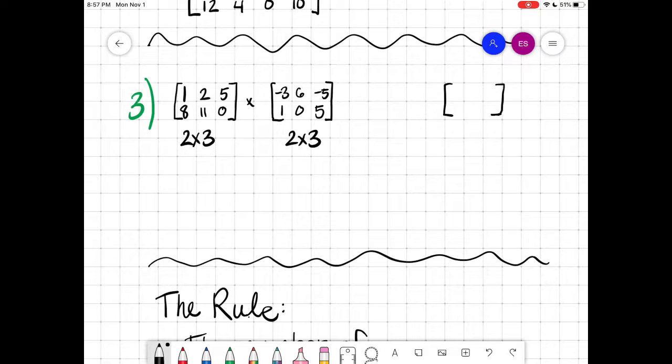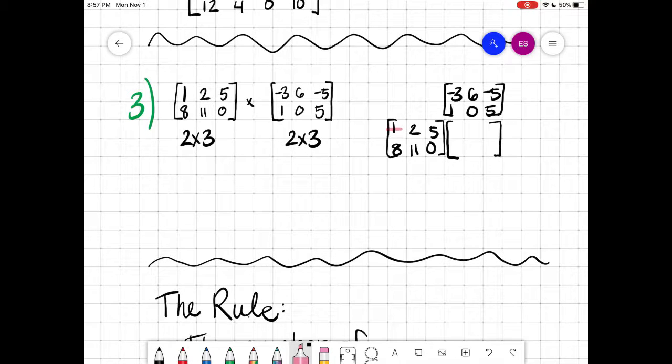Gonna set them up. First one in the lower left, second one in the upper right. We got 1, 2, 5, 8, 11, 0, and -3, 6, -5, and 1, 0, 5. Now, of course, we're going to multiply the first row of the first matrix by the first column of the second matrix.